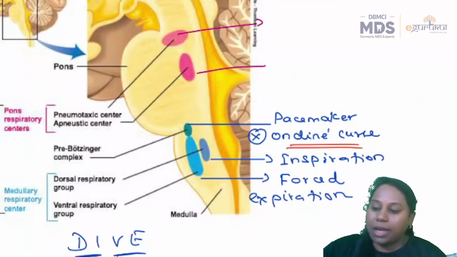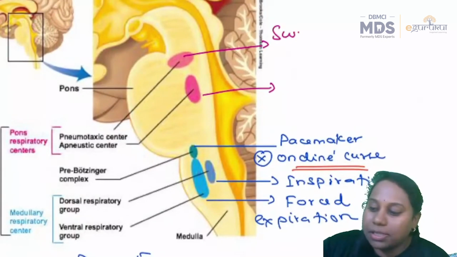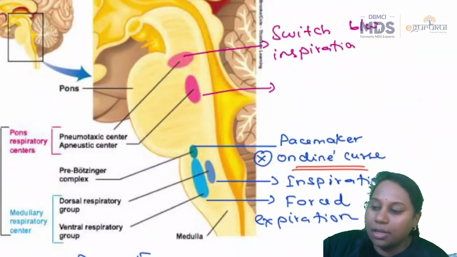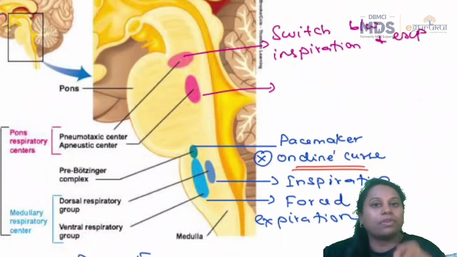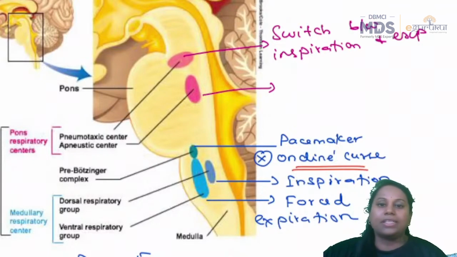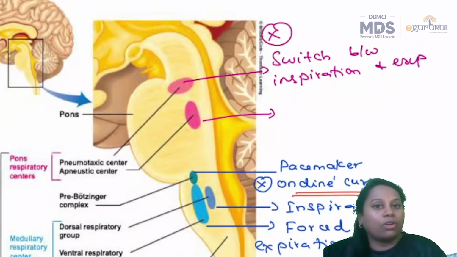Pneumotaxic center, apneustic center. The pneumotaxic center is the switch between inspiration and expiration. It will tell you when to stop doing inspiration and when you should do expiration. If there is any damage to this switch, you will not know when to stop inspiration and when to do expiration.